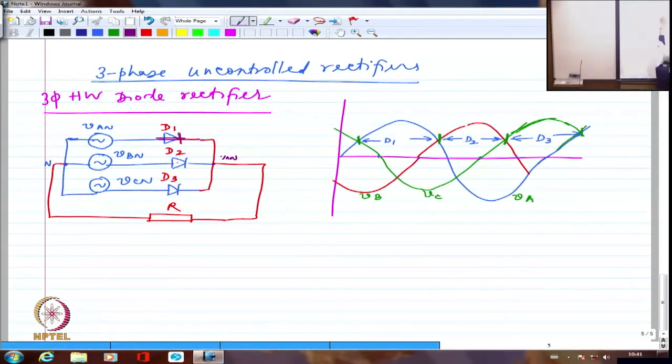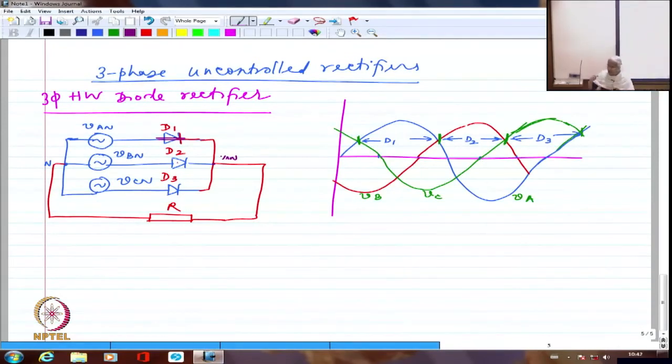Because on one side it is connected to a source. On the other side it is connected to VAN through this conducting diode. The diode is conducting. So entire VAN is applied to the load because this point becomes VAN. So the voltage across this will be VBA, the voltage across this will be VCA.